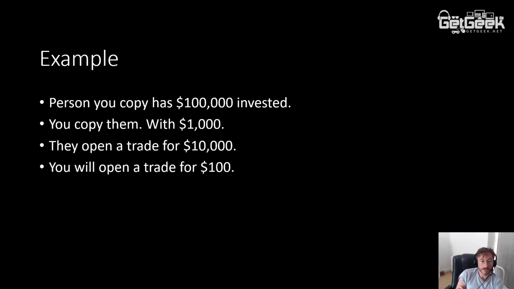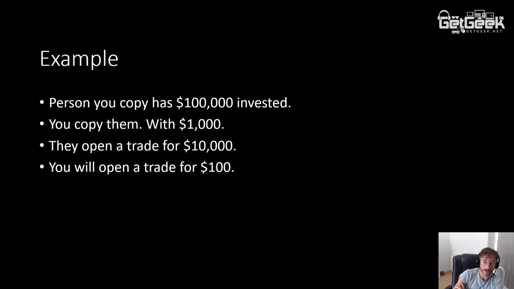So, for example, say there's a trader that you see and they have $100,000 invested. Now, you won't be able to tell this on eToro. I don't know if you can on other platforms. Say, for example, you copy them with $1,000. Now, if they open a trade for $10,000, that's 10% of their portfolio.